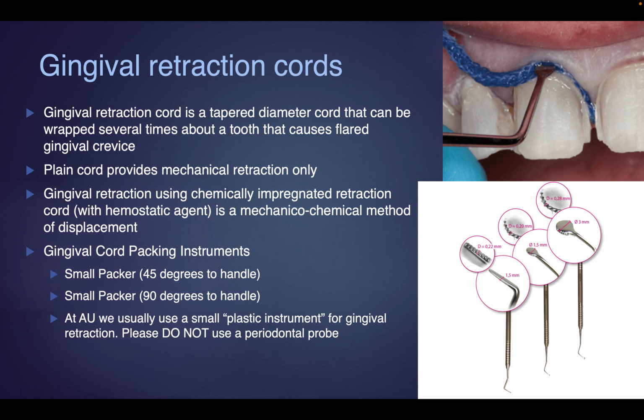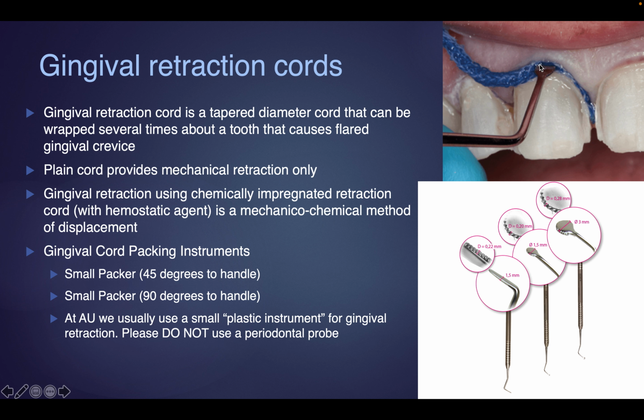Gingival retraction cord. So as we said, you are mechanically pushing the gingiva away in order to make room, or make the sulcus bigger. You can use a cord to flare the gingival sulcus.